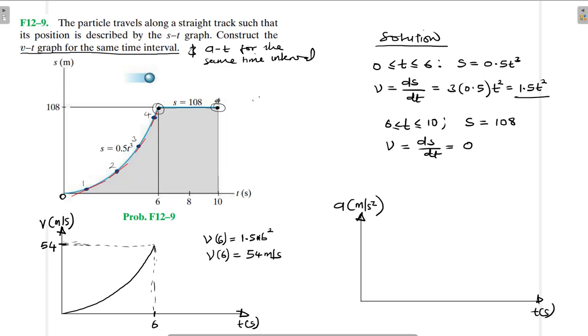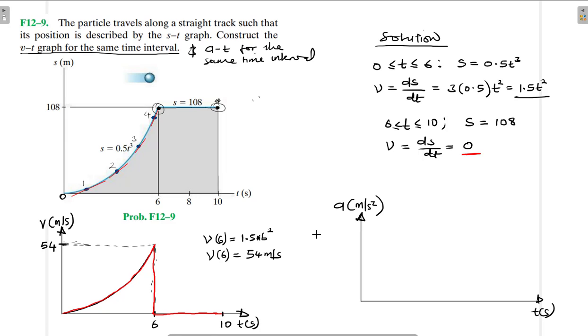Okay, maybe I give it a color. I give it color red. So I'm going to have a graph like this. And then from 6 to 10, what is our velocity? 0. So we'll have 0 velocity there, 0 to somewhere there, 10.